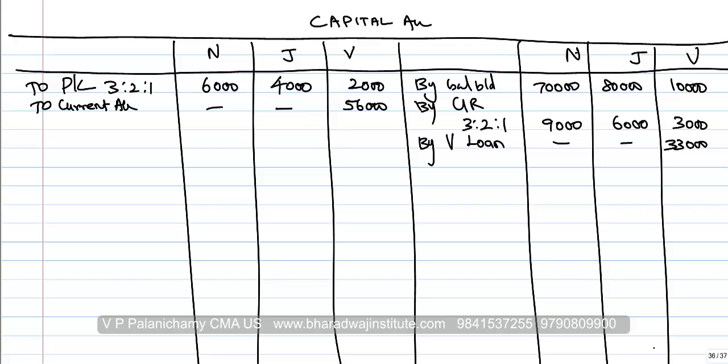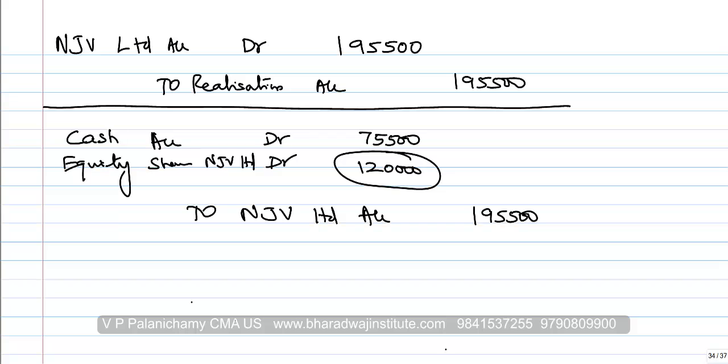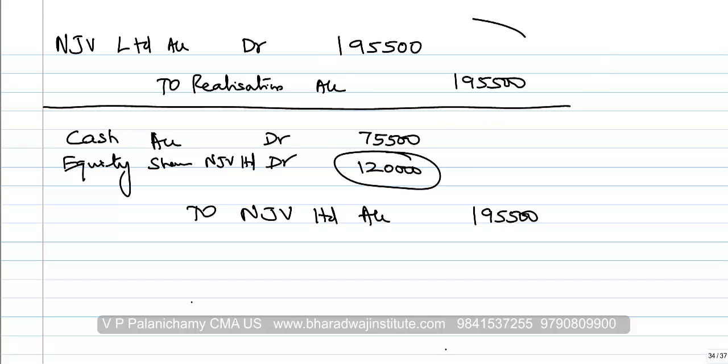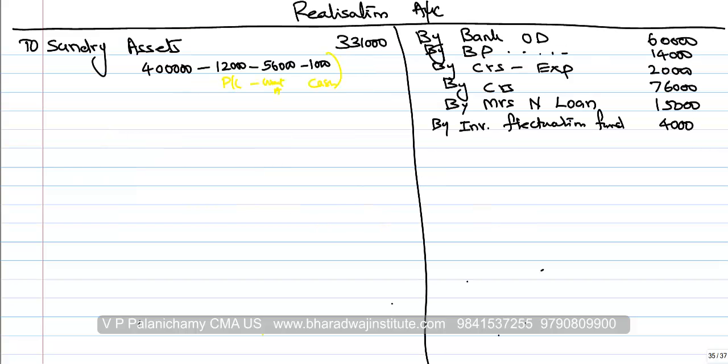Now, before we put the realization of cash and all those things, let us record the purchase consideration. How will this be posted? In the realization account, it will come as by NJV Limited account, for purchase consideration. How much? 195,500.